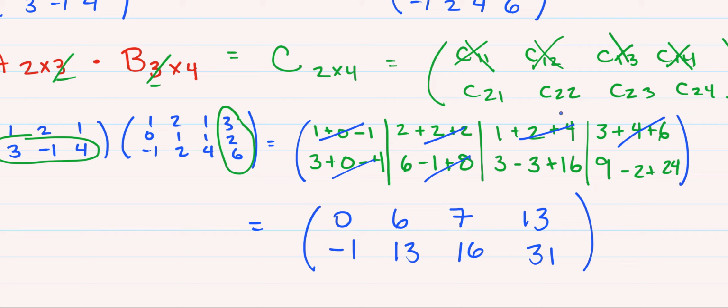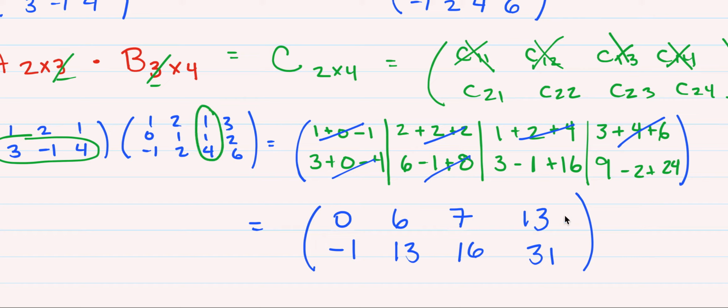Let me just check this last one here. I think I might have made a mistake here, right? Yeah, I think this one right here is a negative 1. Let me go back just a second.